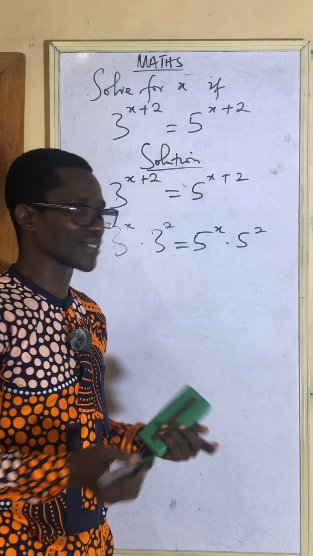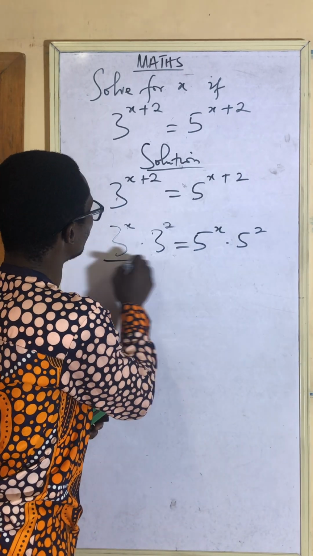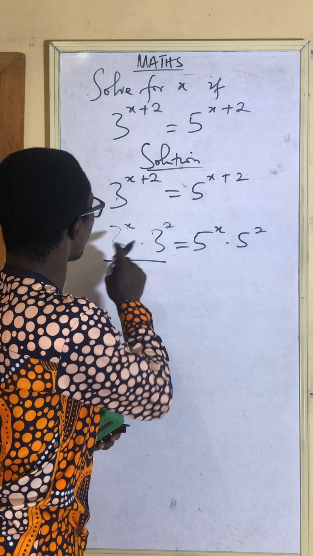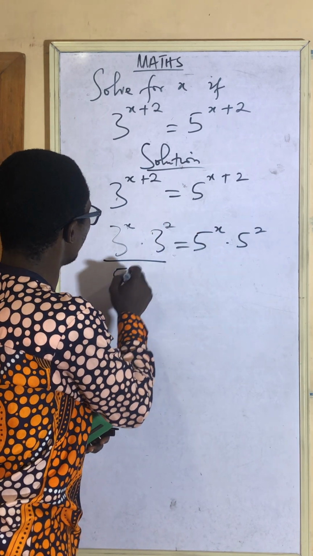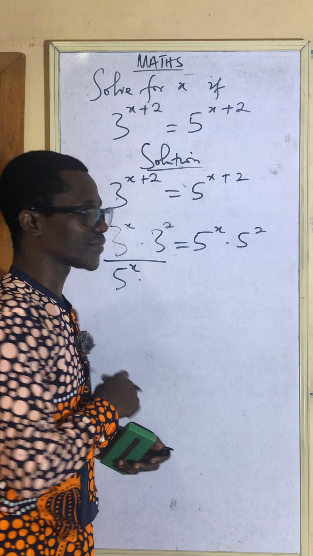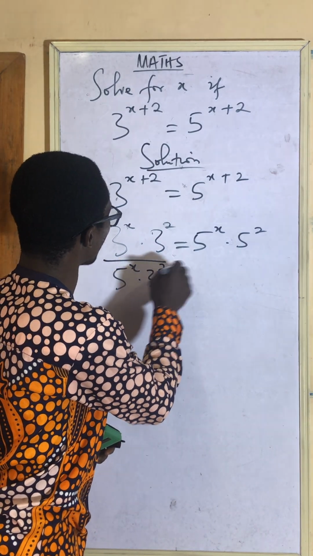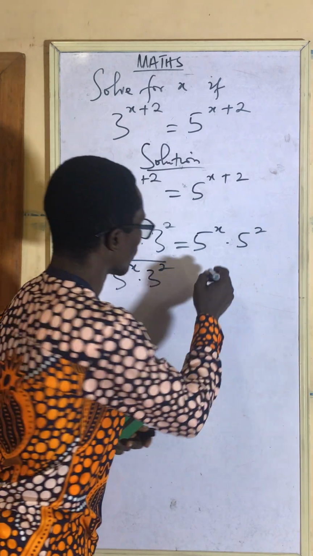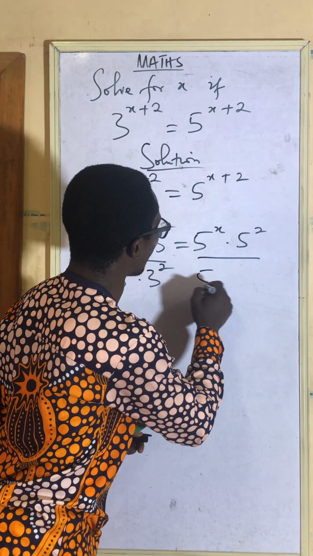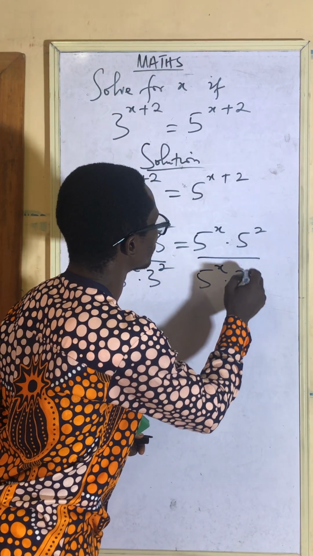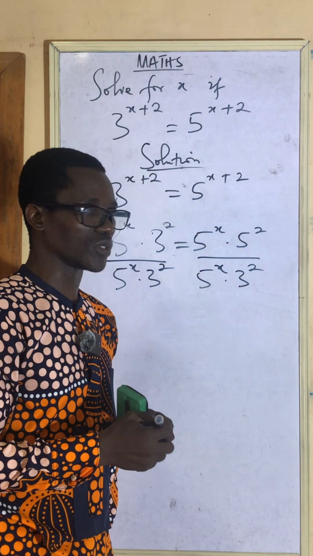And how do we do that? We can divide both sides by 5 raised to power x times 3 raised to power 2. And on the other side too, you have 5 raised to power x times 3 raised to power 2.